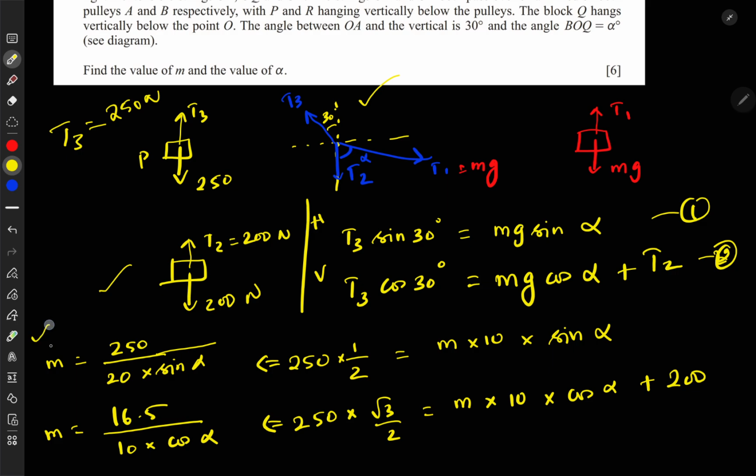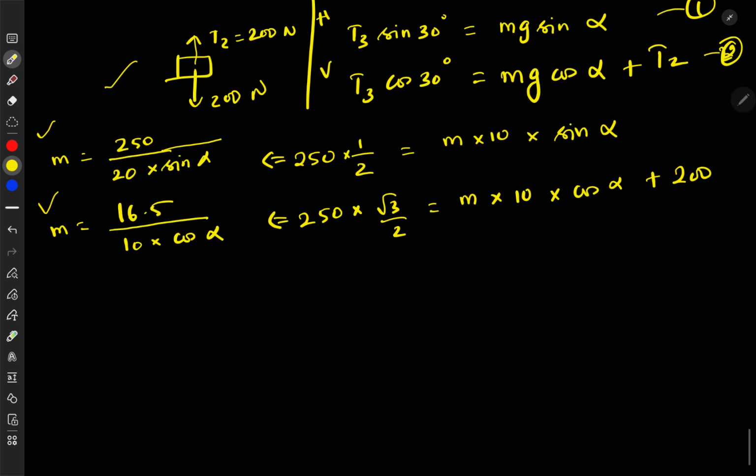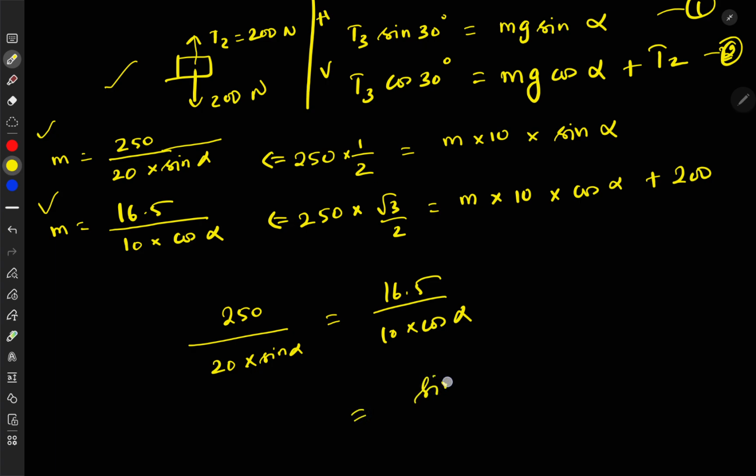Now I have two values for m. Let us equate them. So 250 divided by 20 sine alpha is equal to 16.5 divided by 10 cos alpha. Sine and cos, let's keep on one side. So I'm bringing sine to that side, over cos alpha.